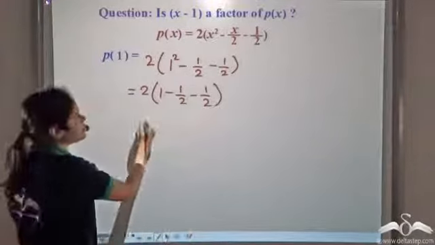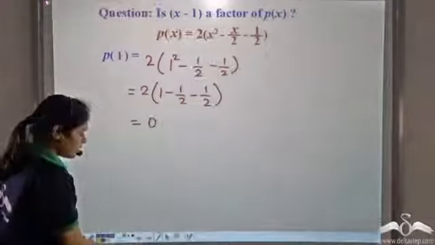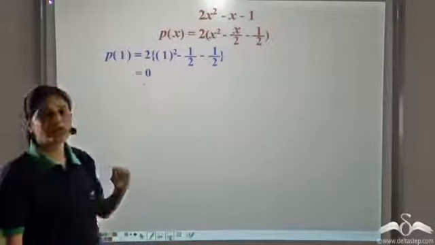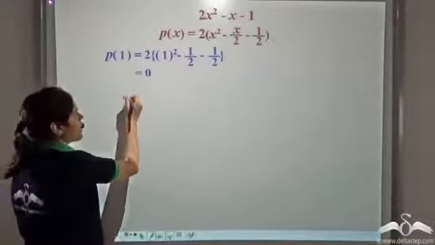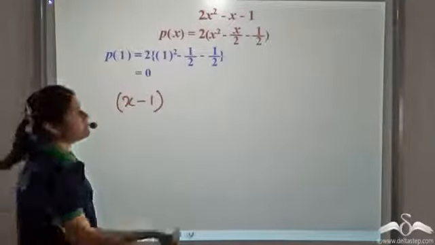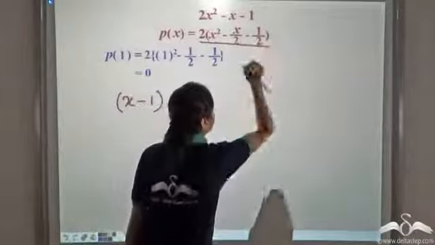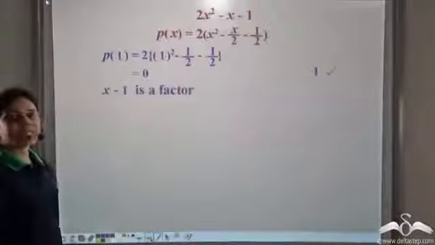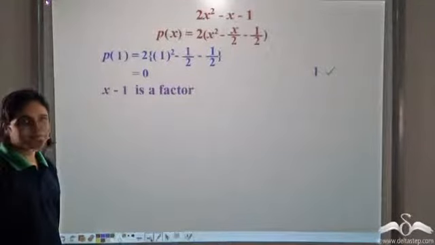Half minus half is 0. So P(1) is 0. Since P(1) is equal to 0, x minus 1 is a factor of this expression. So we say that x minus 1 is a factor.